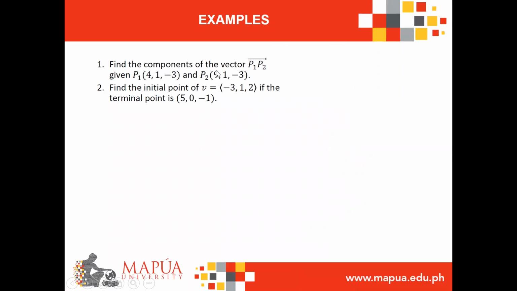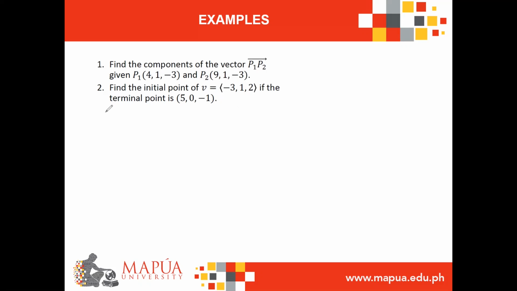Find the components of the vector P1P2, given P1, whose coordinates are 4, 1, negative 3, and P2, whose coordinates are 9, 1, negative 3.